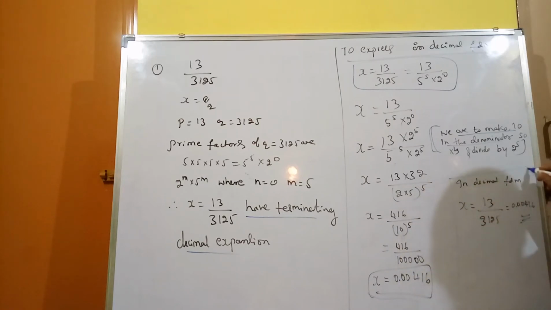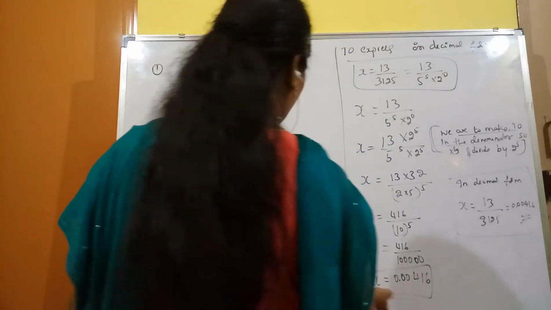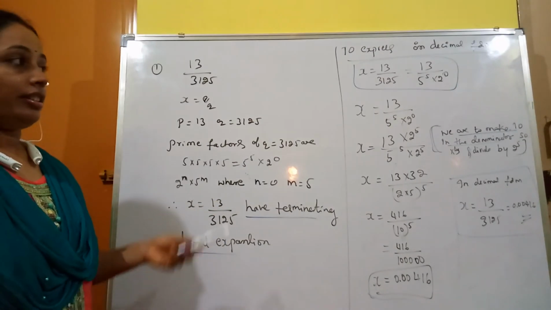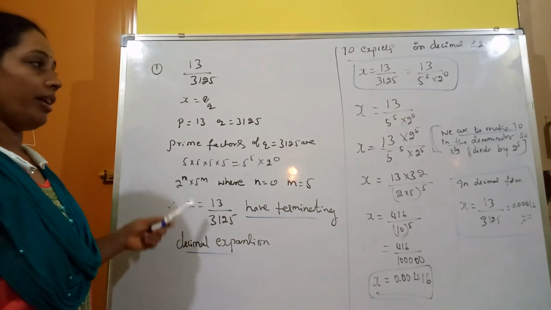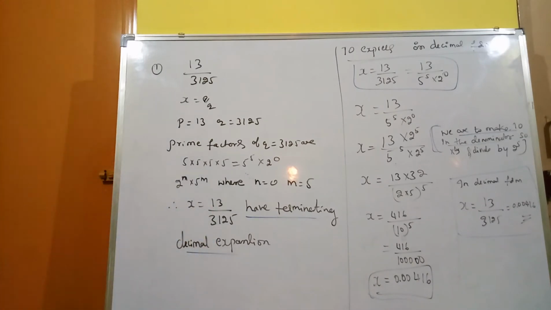So the decimal form of the given number 13 by 3125 is 0.00416. Okay student, it's a very easy problem. Just practice the problem, then you'll get an idea. Let us take another problem and do it.